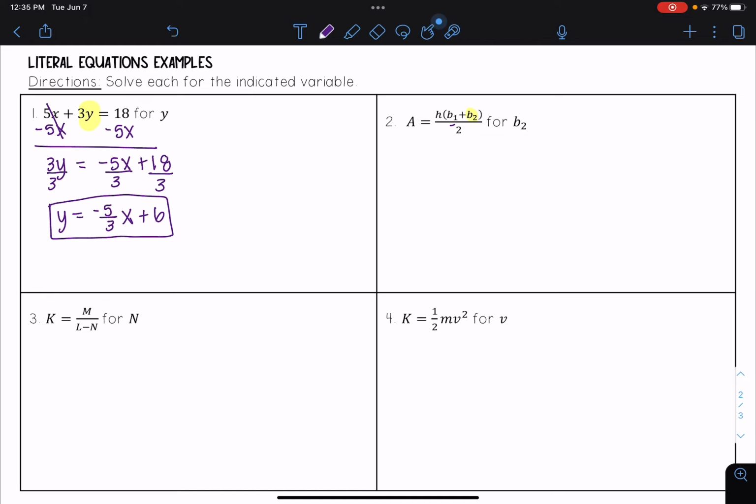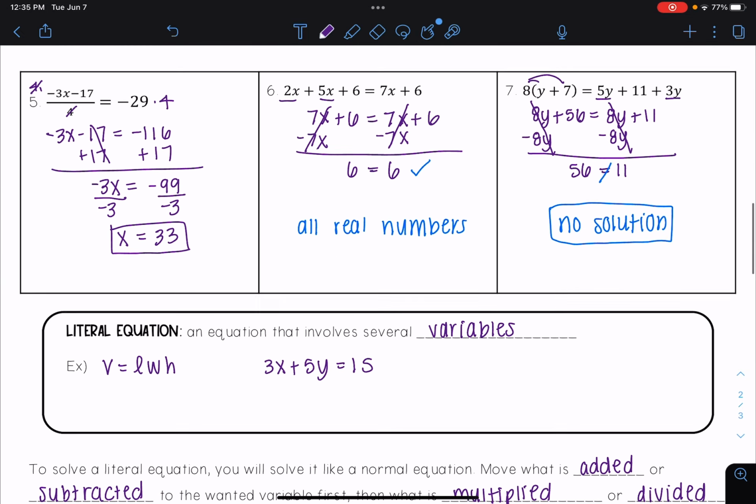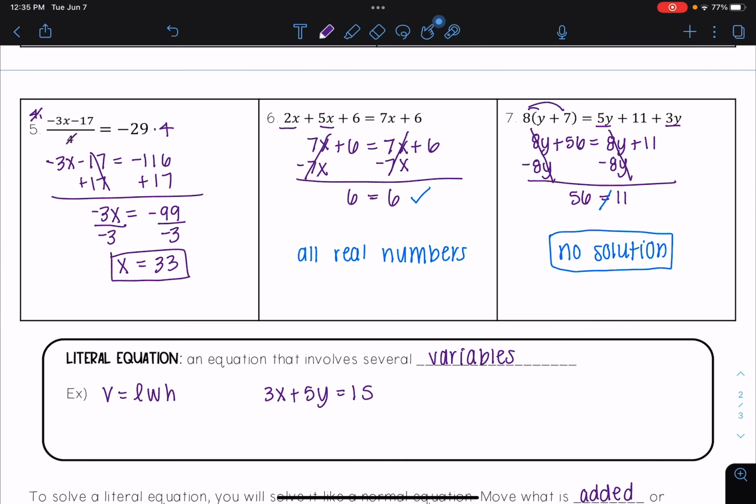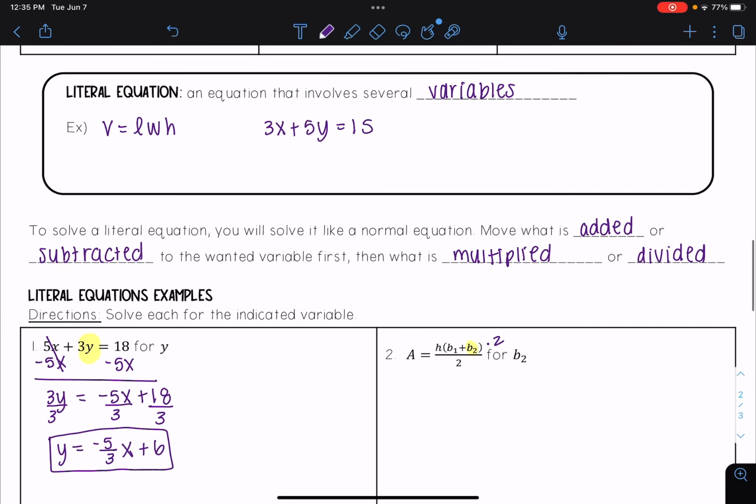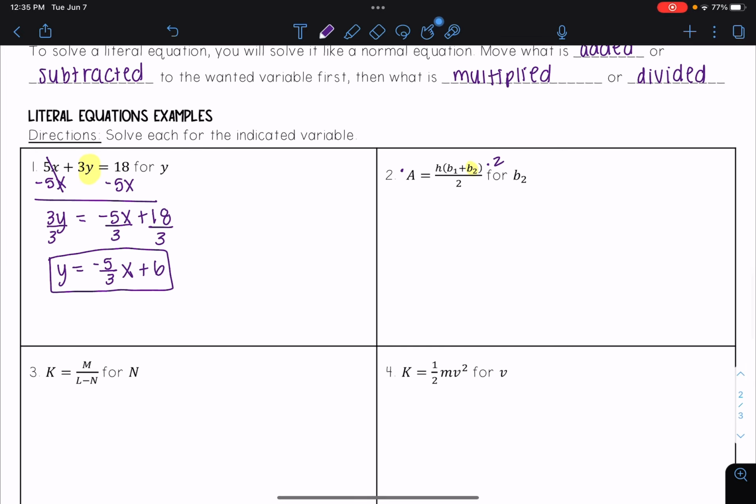I have this whole thing divided by 2, so to get the 2 onto the other side, I'm just going to multiply both sides by 2. Kind of like what we did for problem 5 here. I multiplied both sides by 4 to get rid of it. And so I have 2A is equal to h(b1 plus b2).